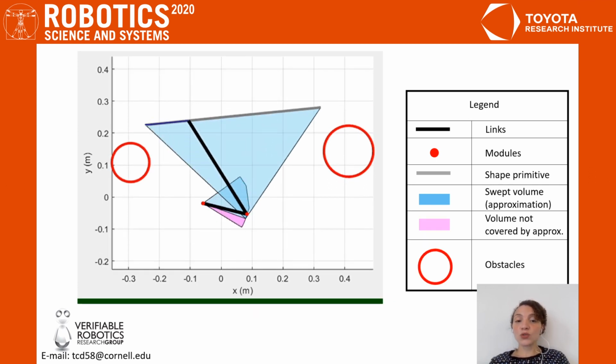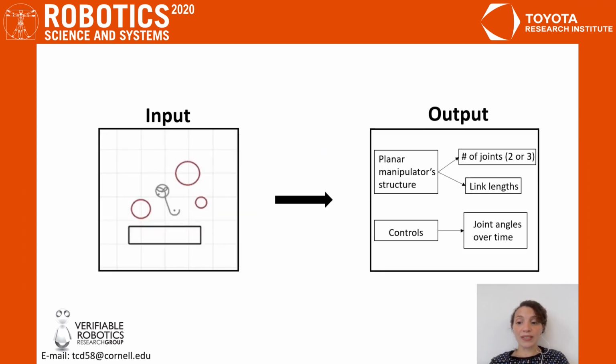Then, we proceed to calculate a less conservative approximation of the swept volume. Then we add a verification step guaranteeing that the motion is collision-free. Summarizing, from a high-level task specification, our approach outputs the planar manipulator structure and its controls able to accomplish it.